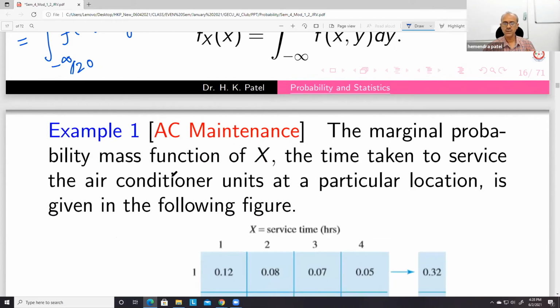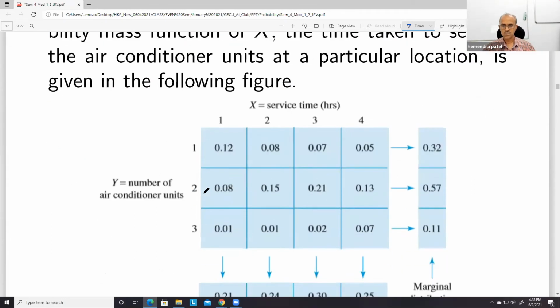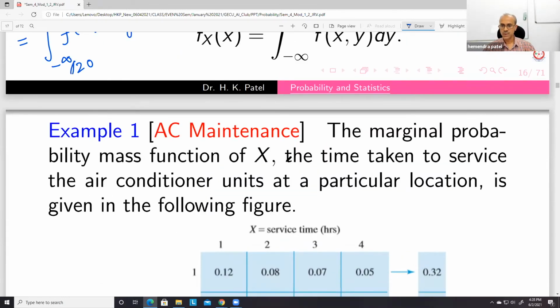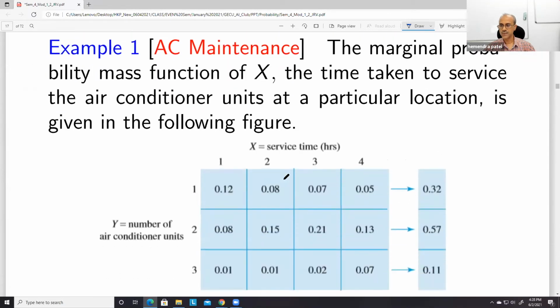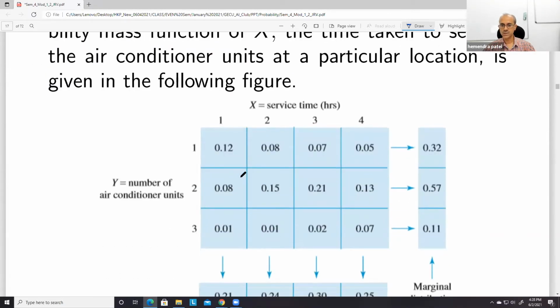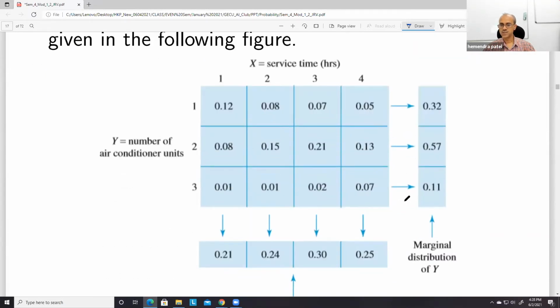Again, we see these two problems, AC maintenance and the mineral problem. Here you can see how these marginal distributions are obtained. Here x is on top and y is on the side.